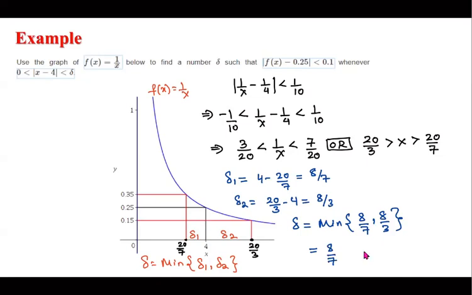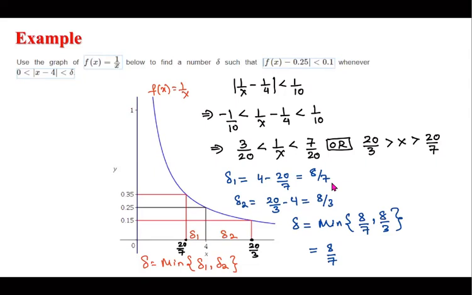Remember, if it was a symmetrical interval, we would get delta 1 and delta 2 the same, so we wouldn't have to look for the minimum. But in this case the interval is not symmetrical. Delta 1 looks smaller and delta 2 looks bigger, and clearly 8 over 7 is smaller. So the smaller of the two deltas is the delta value that is required.